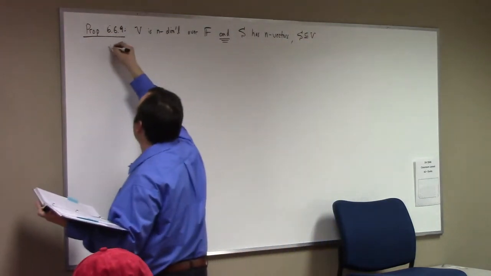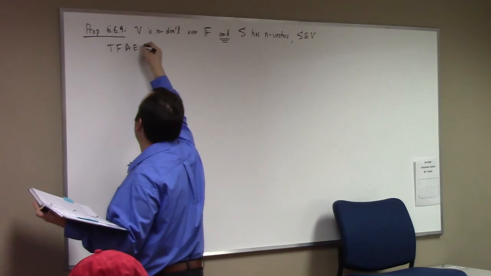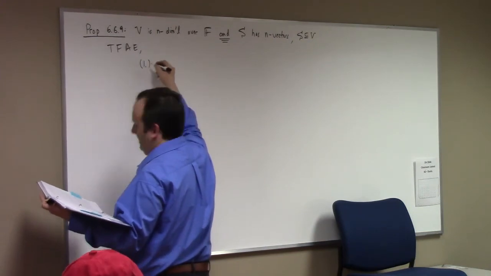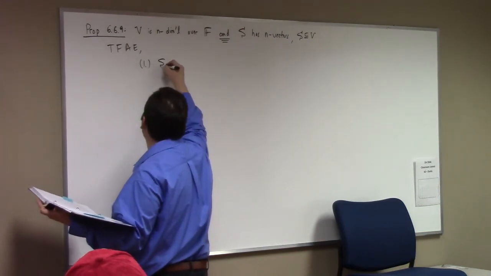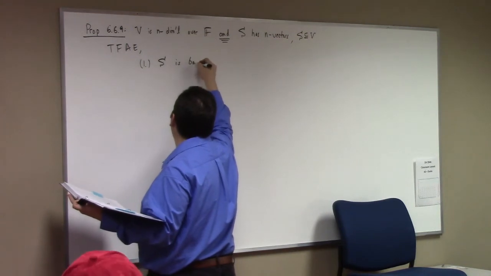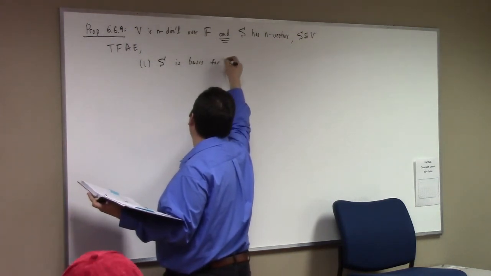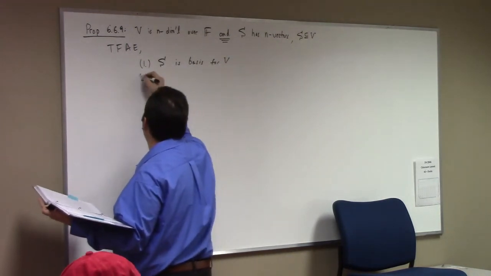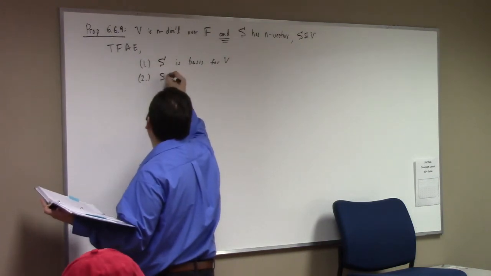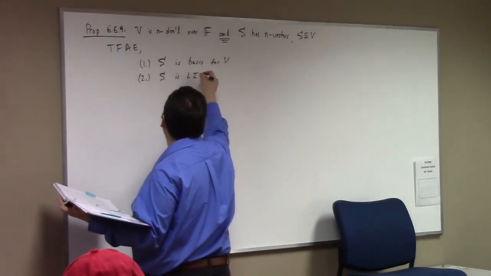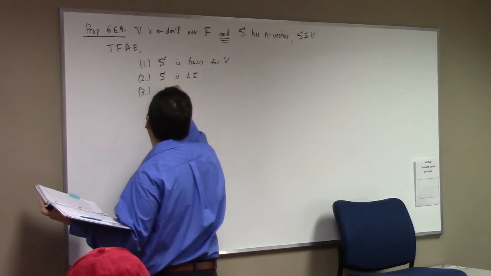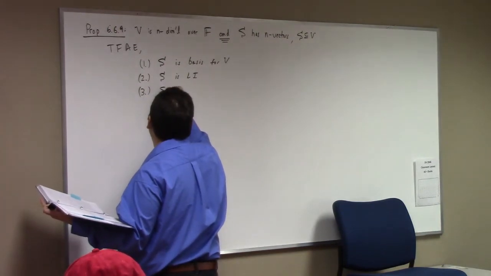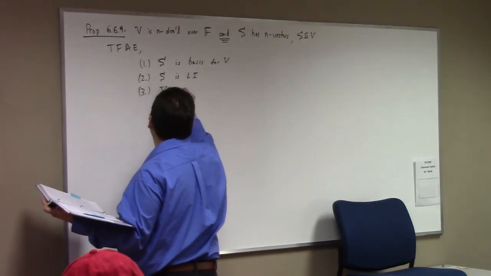The following are equivalent. 1, S is a basis for V. 2, S is linearly independent. 3, V is equal to the span of S.